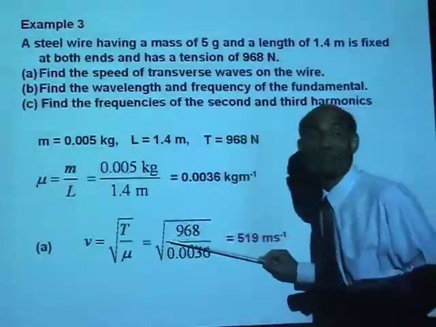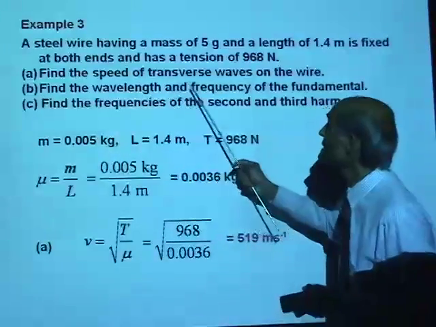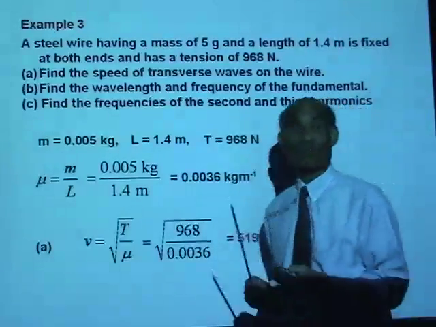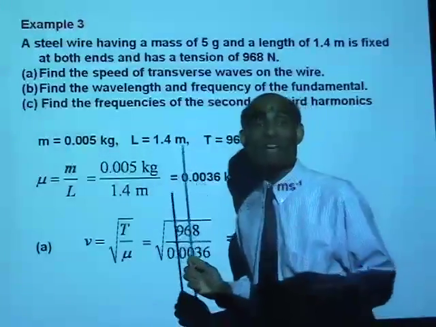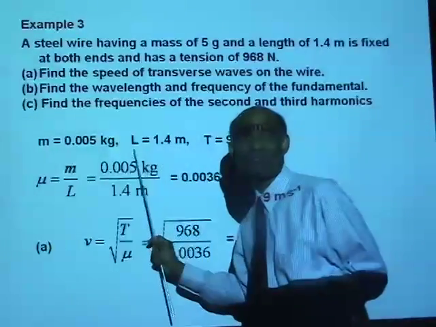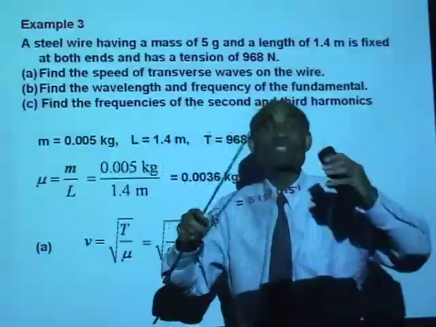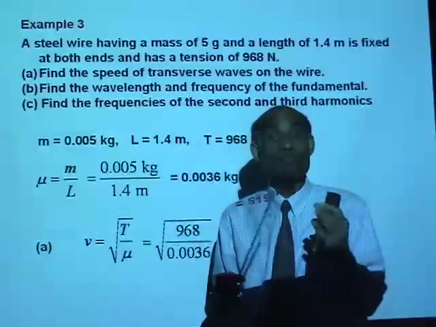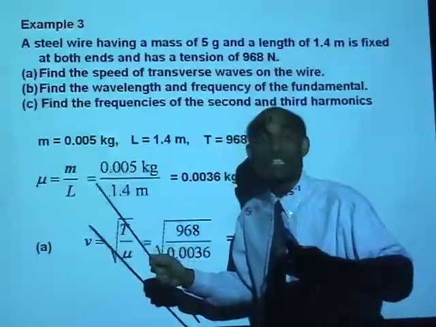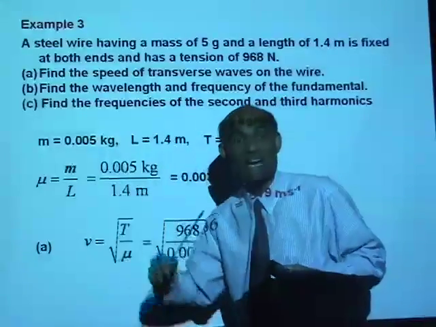Can you stay at this point and answer this for me? Find the wavelength and frequency of the fundamental. The wavelength of the fundamental is related to the length of the string. Is that right? The length of the string is equal to half of the wavelength. So if 1.4 meter is half of the wavelength, then the wavelength will be twice that.